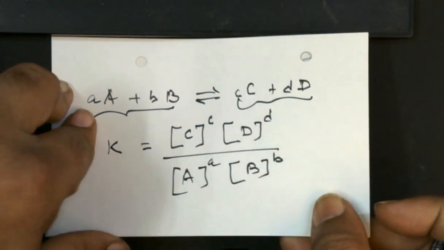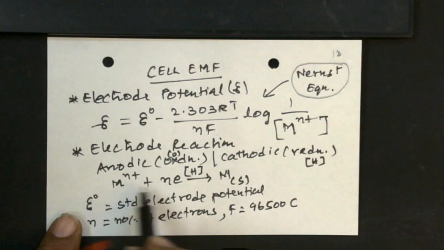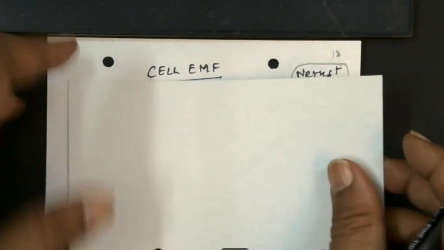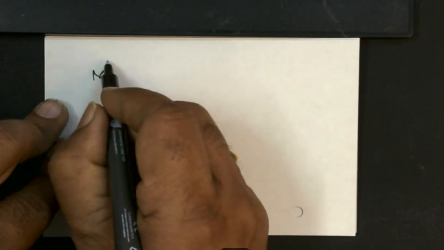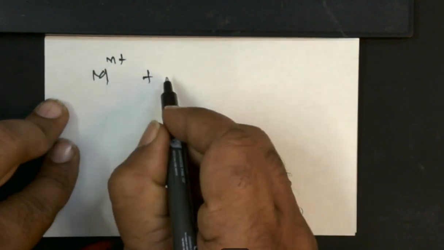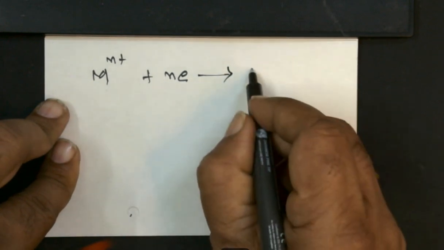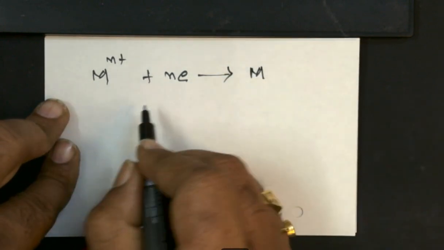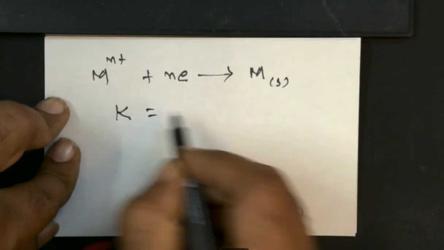So let us consider the case of a metal reaction. I was talking about this cathodic reaction, is it not? So let us consider here M^n+ plus n electrons to give M solid. What is the equilibrium constant for this?